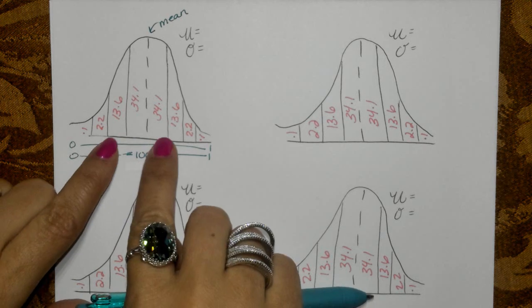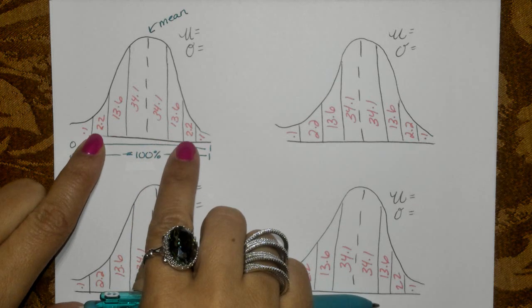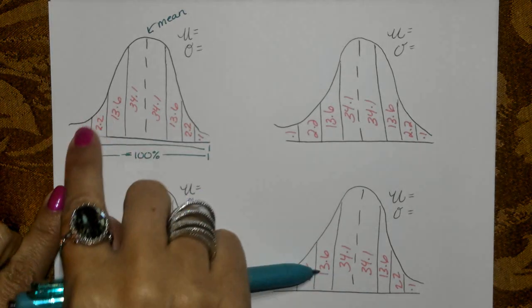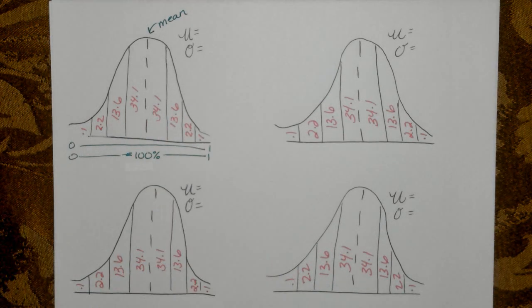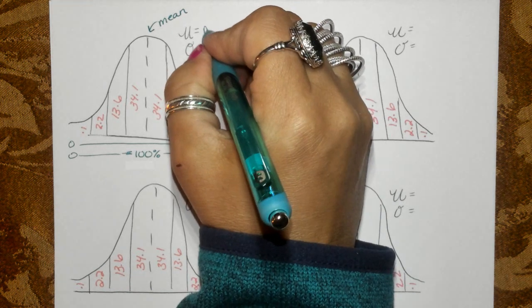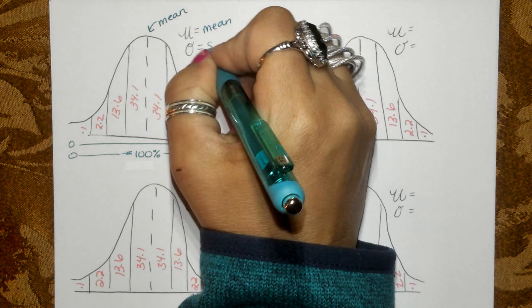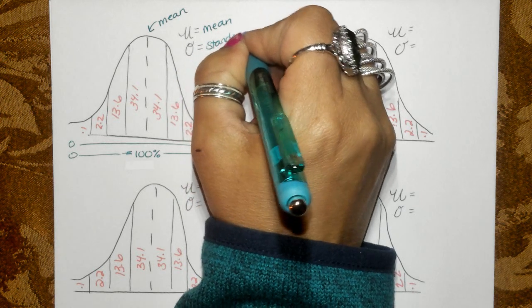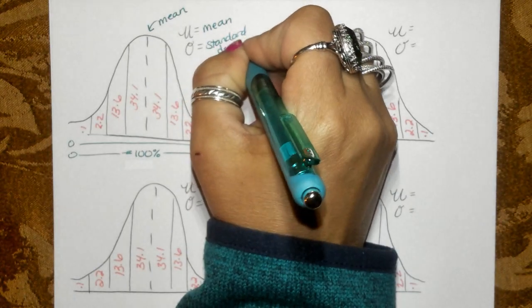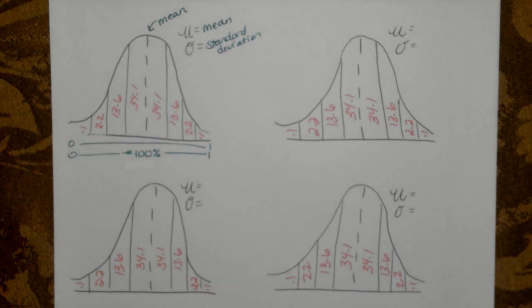You can see they match, 13.6, 2.2, 0.1. Always the same. What changes is the area, okay? So this mu means the mean, and this is your standard deviation. That's a sigma sign, okay?